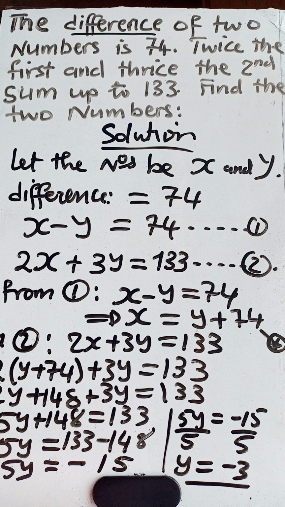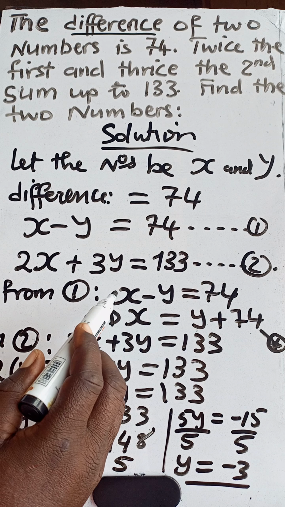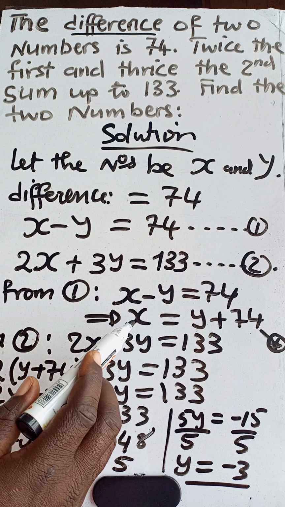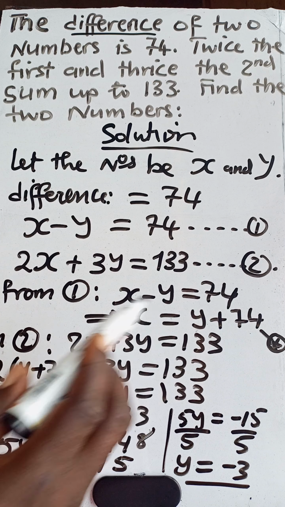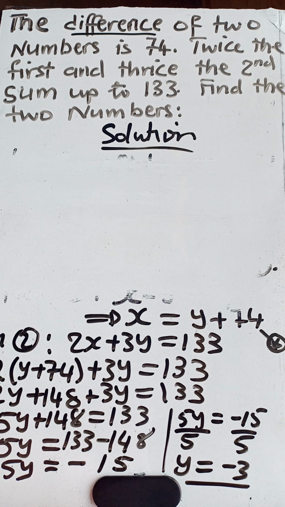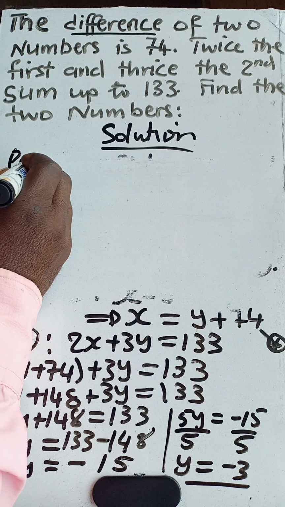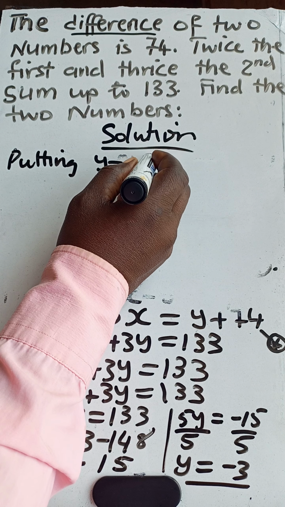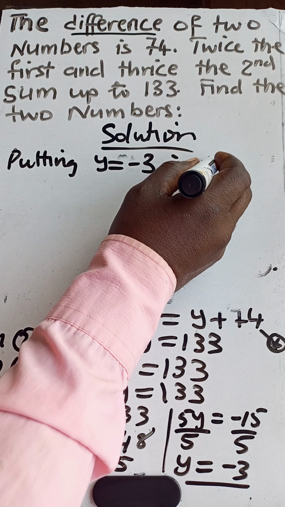Now, how do we get the value of x? We'll come back to the equation star. You see, x is equal to y plus 74. So we'll just put the value of y there. It will help us get the value of x. So, putting y equals negative 3 in star.